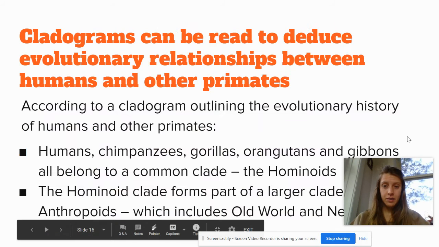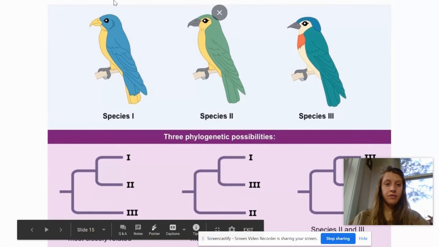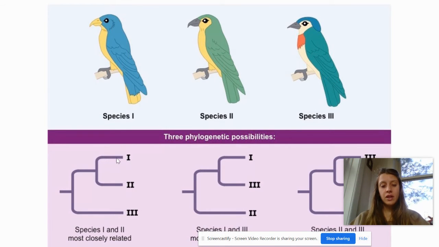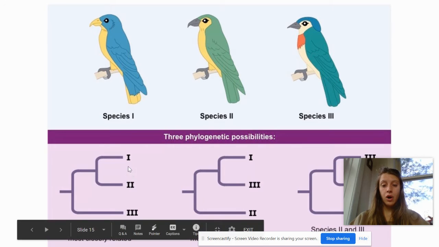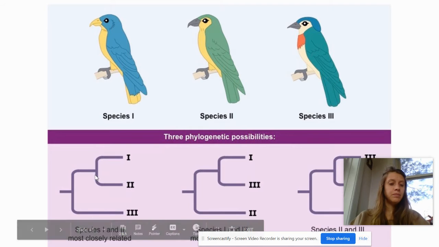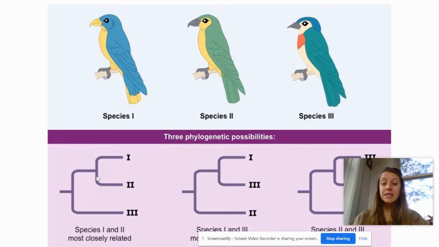And let's take a peek at that. Here, if we're looking at this cladogram, we have species 1, species 2, and species 3. It's showing us that 1 and 2 are more closely related. And don't be fooled, they're not closely related just because they're next to each other, but because they have a more recent speciation event.